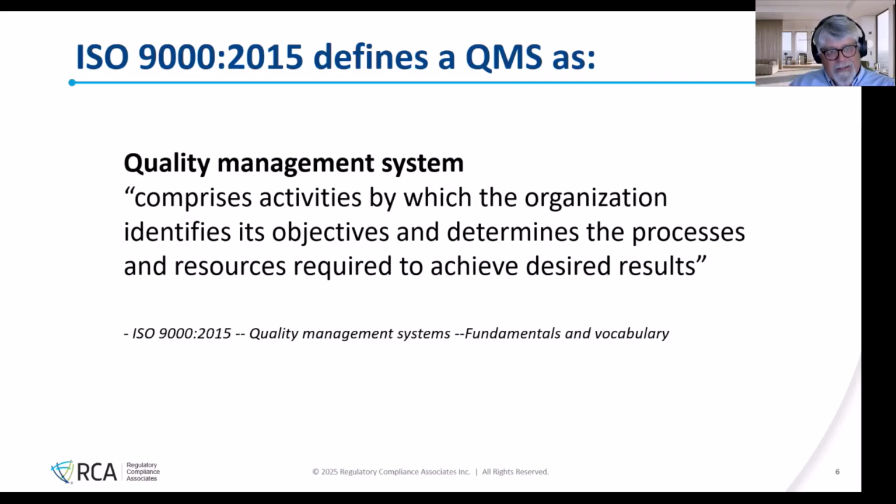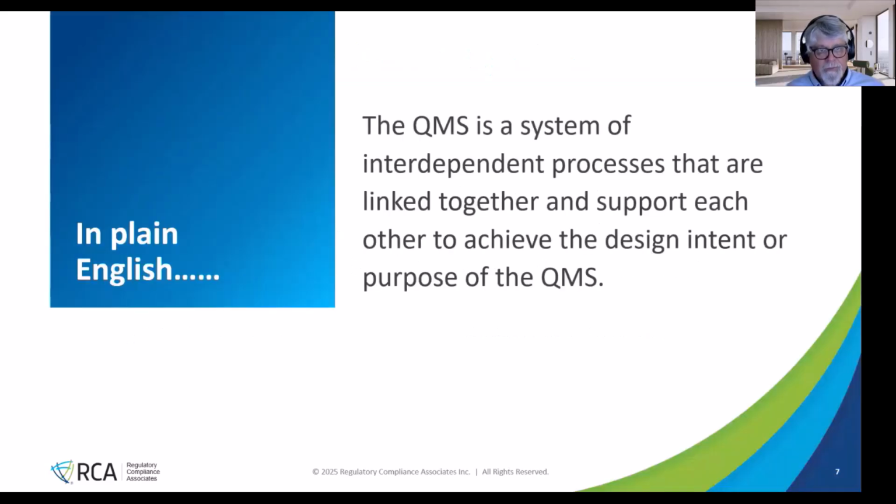Quality management system comprises activities by which the organization identifies its objectives, determines the processes and resources required to achieve desired results. In other words, for desired results, design intent. So this is the definition of a quality management system.